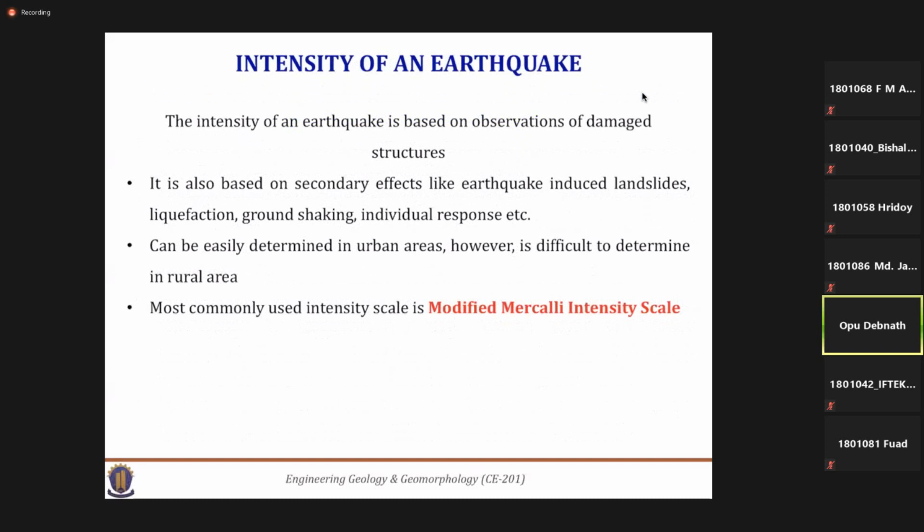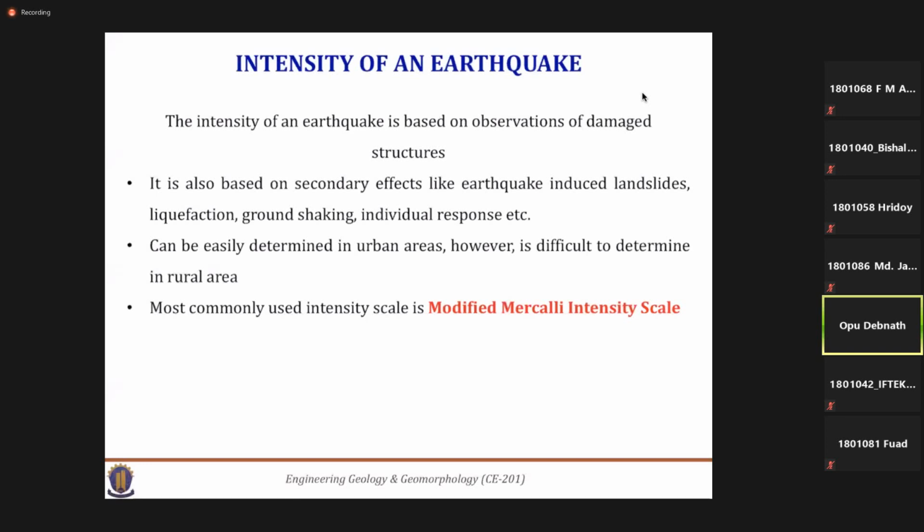As I discussed earlier, the intensity is based on observation, visual inspection of damaged structures, and public feelings. Also some secondary effects. Actually, the earthquake may have different types of effects: landslide, soil liquefaction, ground movement, individual person responses, and in extreme cases, tsunami.